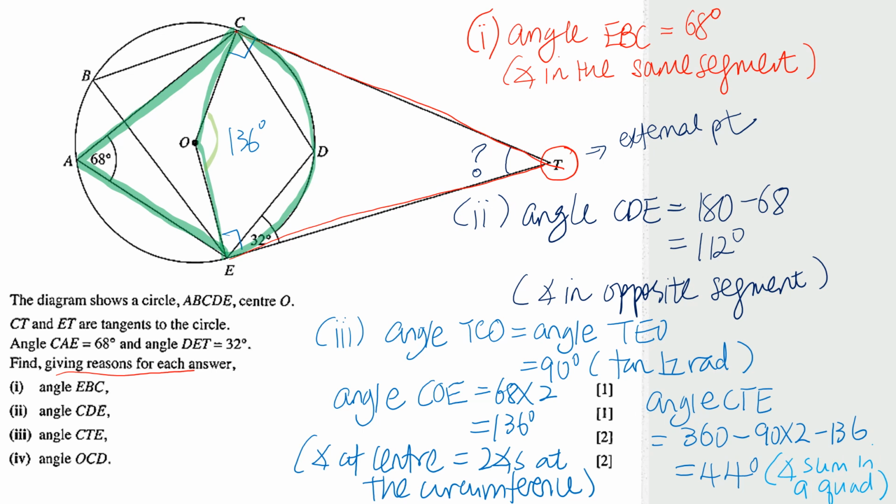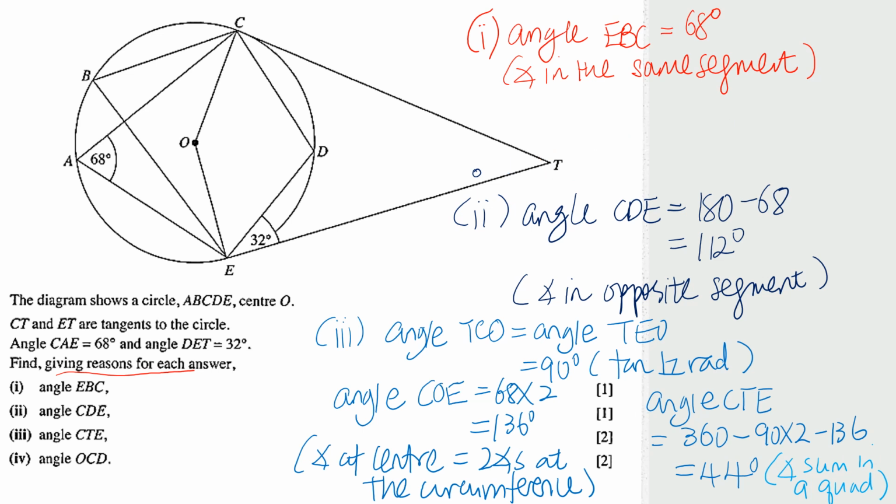So part 4, find angle OCD. All right, let's erase this. So angle OCD will refer to this angle here. Okay? All right, so let's write down the angles that we have already found earlier on. So this one is 68 degrees. We found this to be 136.